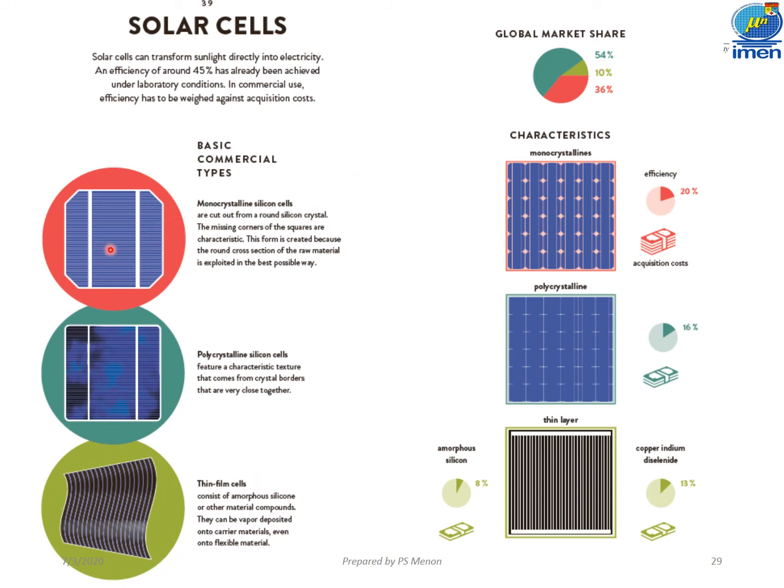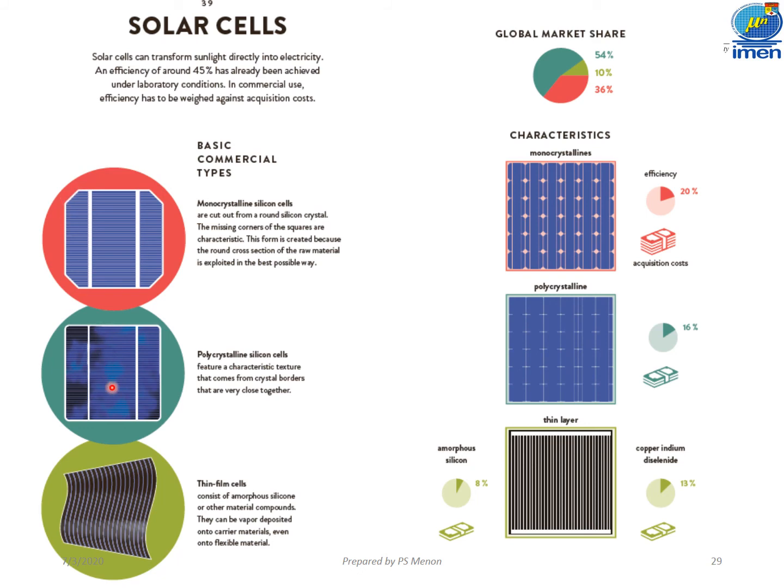A monocrystalline silicon cell is cut out from a round silicon crystal. The missing corners of the squares are characteristic. This form is created because the round cross section of the raw material is exploited in the best possible way. Because the wafer is round, we do not want to waste this region, so that's why it's in this shape.